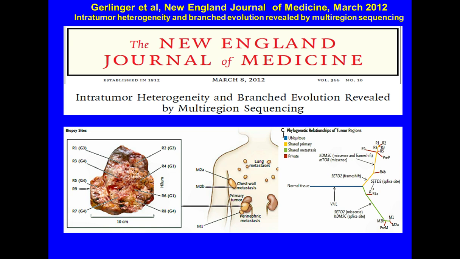They sequenced different parts of the tumor, and it was shown that different mutations belong to different sections of the tumor, as well as some common mutations, the truncal mutations that are present in every cell. So there is a lot of intratumoral heterogeneity, and that obviously brings up both technical and conceptual problems as to what a biopsy is. How much of the tumor molecular profile does a biopsy capture?